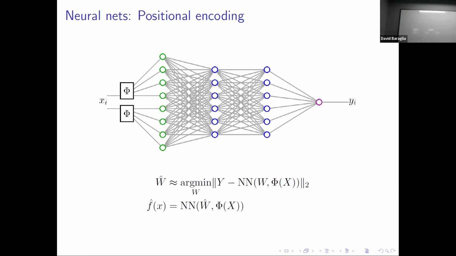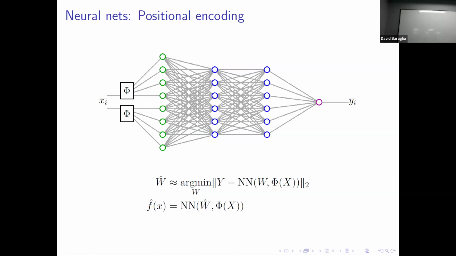And here I've written it using big phi, and that's no coincidence because we use the same sorts of basis functions that you use for classical interpolation. So you can, for example, use many copies of the sinc function shifted by different amounts. And then the outputs of those basis functions are then treated as the inputs to our neural network, and then the rest of it works the same as before.